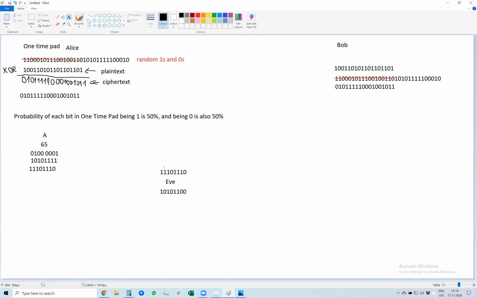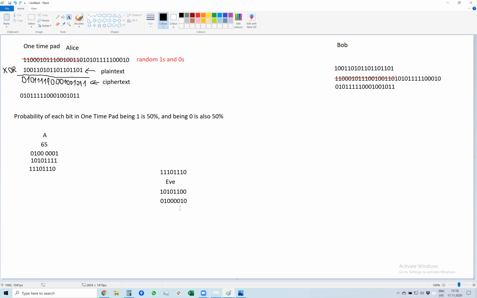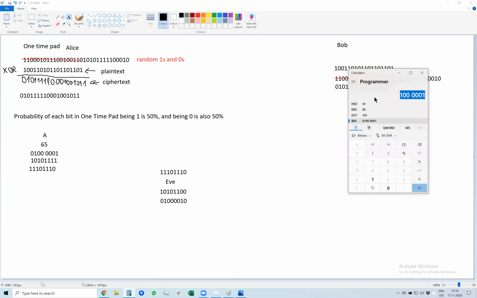So she XORs the ciphertext with her wrong one-time pad, and what does she get? 1 XOR 1 is 0, 1 XOR 0 is 1, 1 XOR 1 is 0, 0 XOR 0 is 0, 1 XOR 1 is 0, 1 XOR 1 is 0, 1 XOR 1 is 1, 0 XOR 0 is 0. She gets this.